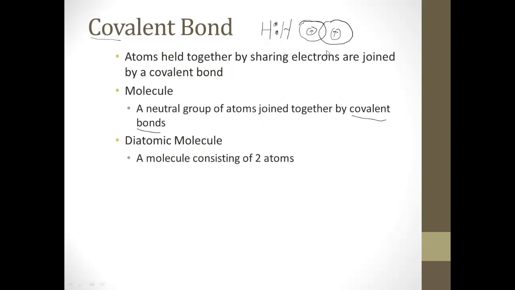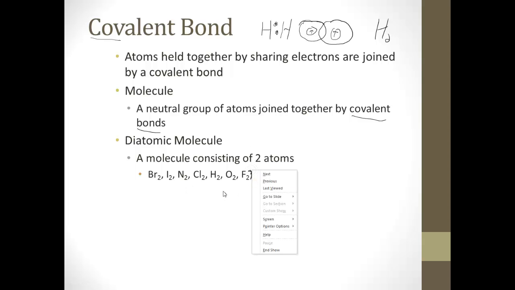This hydrogen molecule, H2, is an example, and others that we're going to have to know are what's called the Brinkelhofs: bromine, iodine, nitrogen, chlorine, hydrogen, oxygen, and fluorine. These are called the Brinkelhofs, and they exist in nature predominantly only as these diatomic molecules.